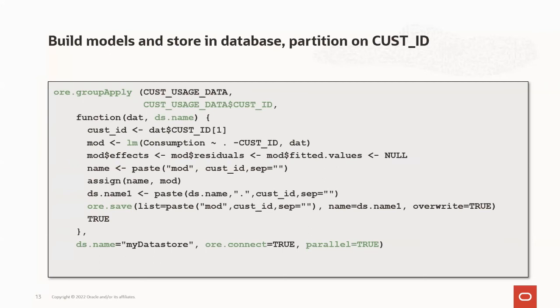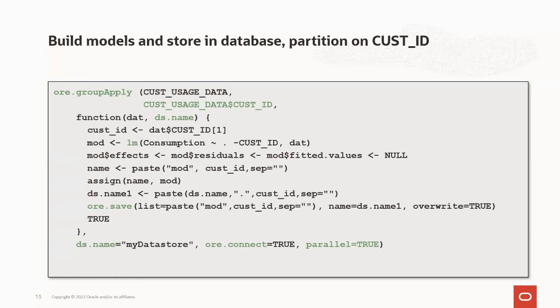This is the R function invocation that allows us to create this scenario using the function ore.groupApply. We pass in our customer data table and indicate that we want to partition on customer ID. Then we pass in the user-defined R function that takes two arguments, the data that will be passed automatically as an R data frame and the name of the datastore where we want the resulting model to be stored.